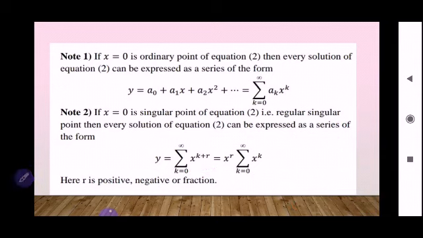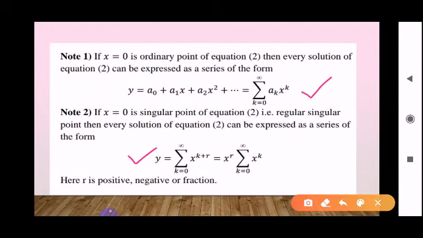So for an ordinary point, you have to take the solution of the given linear differential equation with variable coefficients as summation of ak into x raised to k for k equal to 0 to infinity, and for a singular point or regular singular point, we have to assume the solution is y equal to summation of x to the power k plus r, k varies from 0 to infinity.